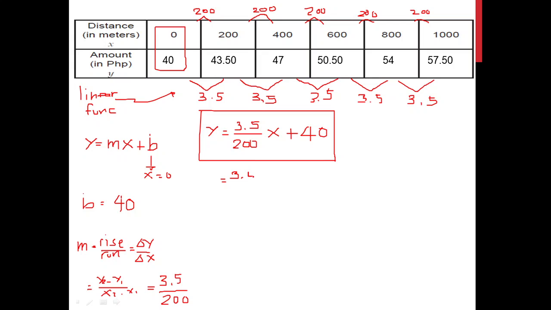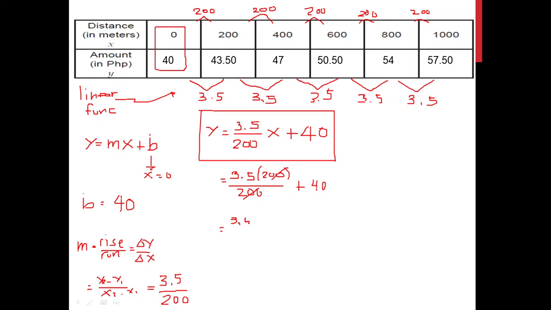So that is 3.5 times 200 over 200 plus 40, when my x is equal to 200, so that you can see why I cancel that one out. We can cancel them because they are the same term, 200 and 200. So what's left is 3.5 plus 40, that's why it's 43.5.